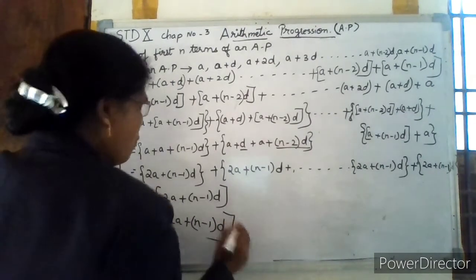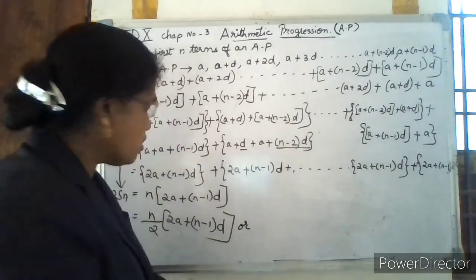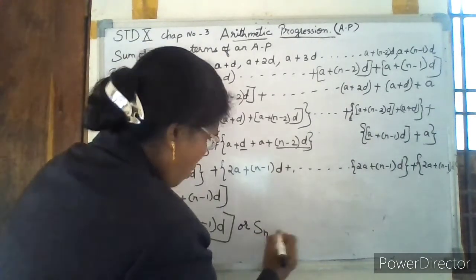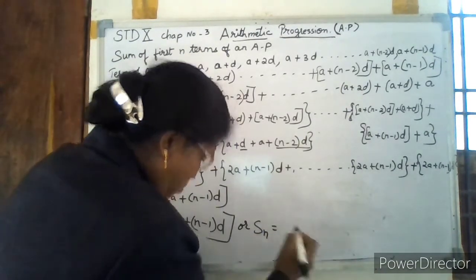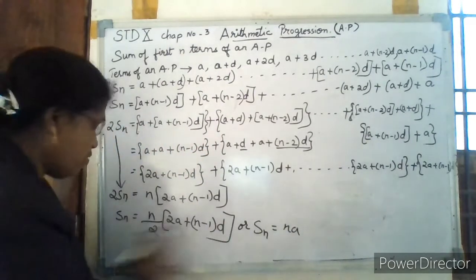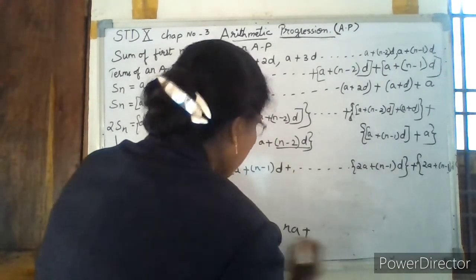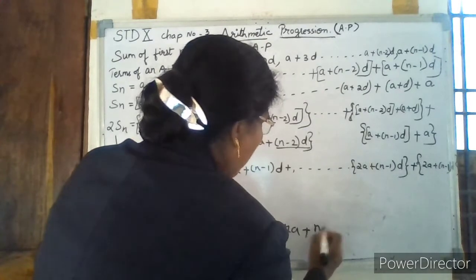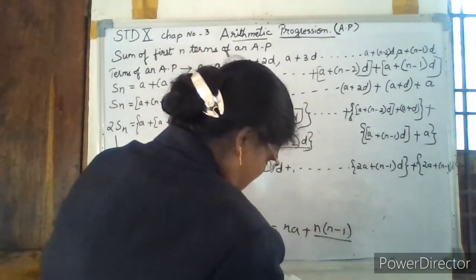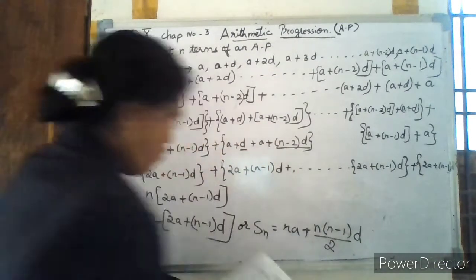Or this can also be written as sum of n terms is equal to na, that is when I multiply this with this, plus n into n minus 1 by 2 into d. In this form we will get it. Generally, this formula only is used.